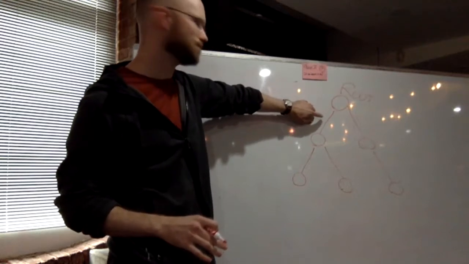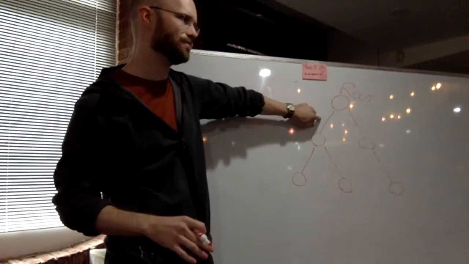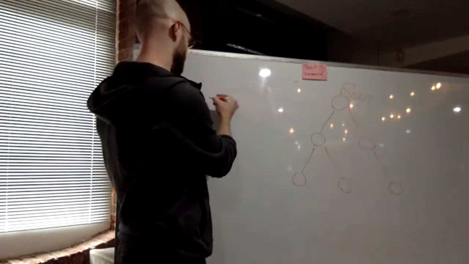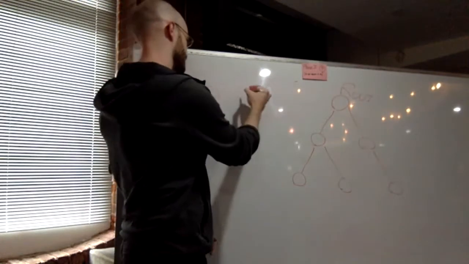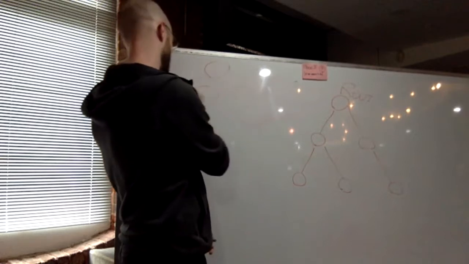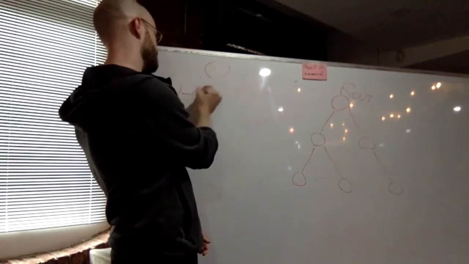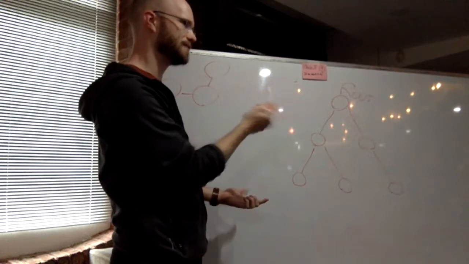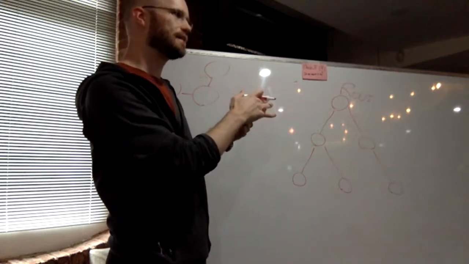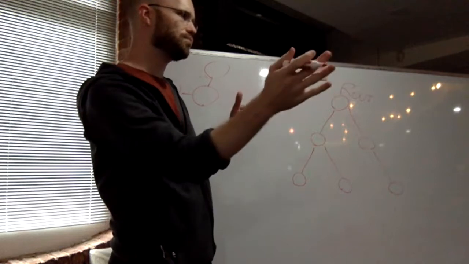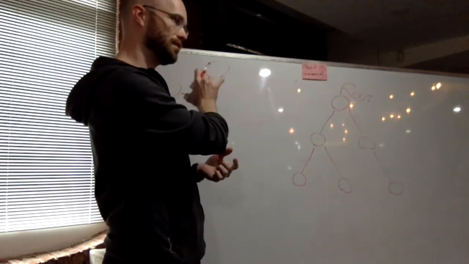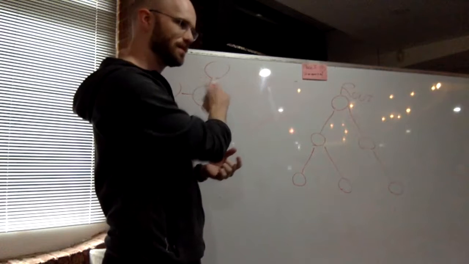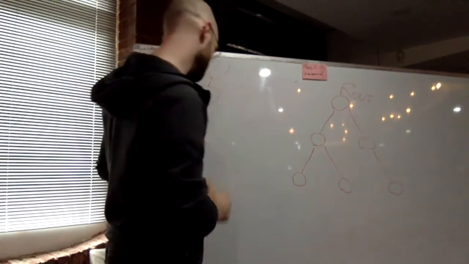Oftentimes with graphs, you can also have the edges have a value. Like if you've got Oakland and Berkeley and San Francisco, you can have edges between them that represent, say, the distance between them. And if you were calculating the shortest path between 2 points, you would need to look at the length of those edges to know what the shortest path was.